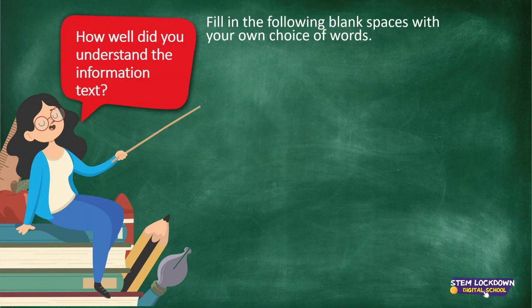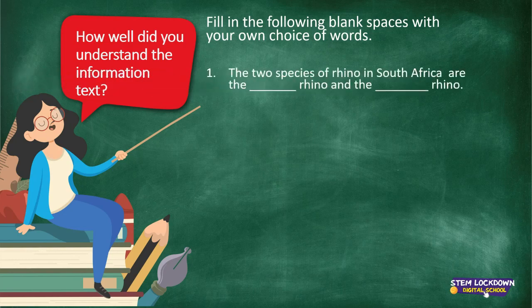Okay, so in the chat box, you can fill in the following blank spaces with your own choice of words. Number 1, the two species of rhino in South Africa are the something rhino and the something rhino. What would you like to put in there? Can you remember their name, what they are? The two species in South Africa.